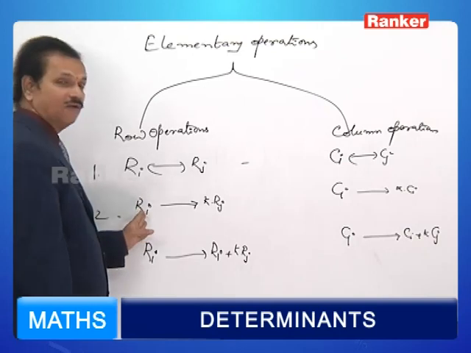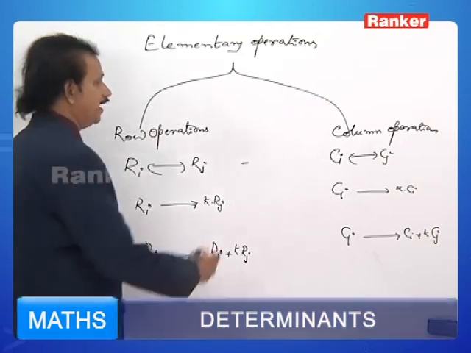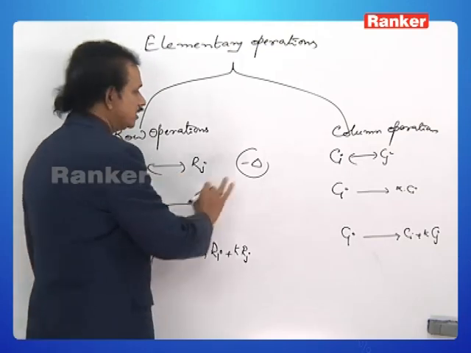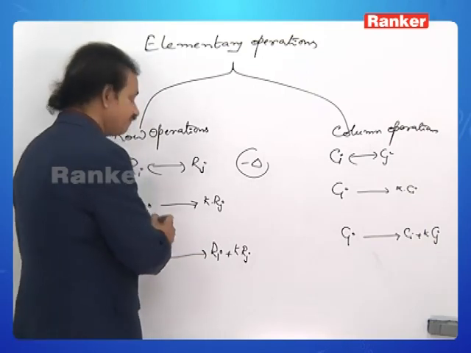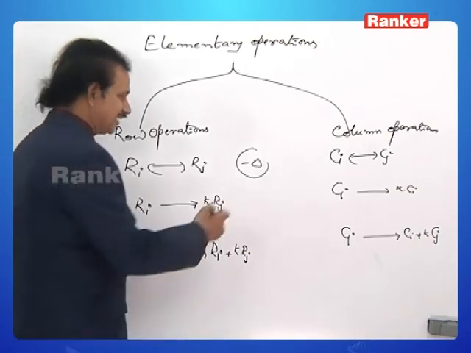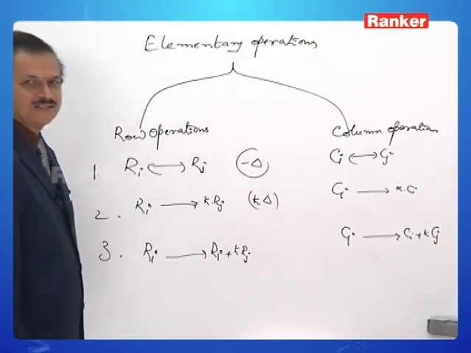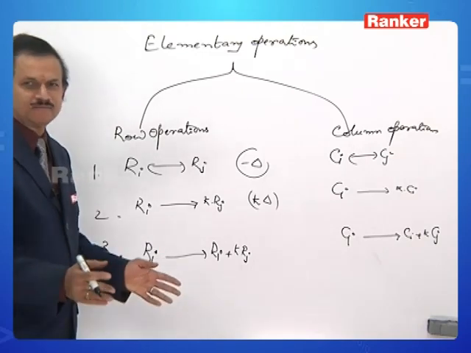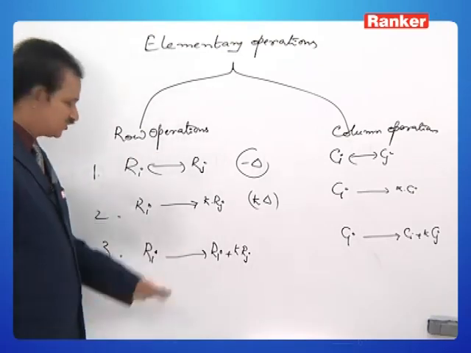If the elements of a particular row or column are multiplied with a constant k, then the resultant determinant will be k times delta.